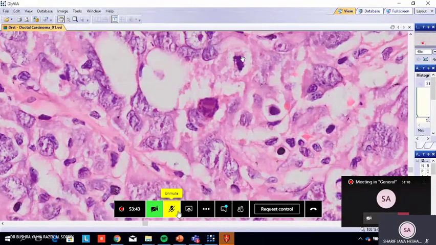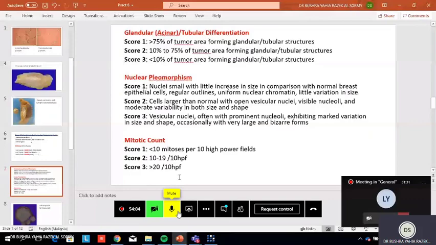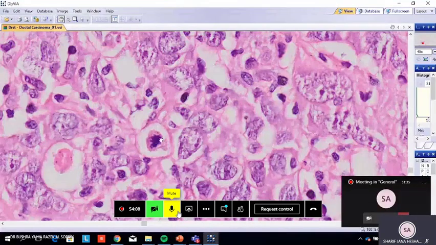Yeah, not those ones, the other ones. Yeah, these. Yes. This nucleus is very irregular. See the nucleoli there, the vesicular nucleus. So one. Is that the nucleus? Is that huge? 2 in 2.